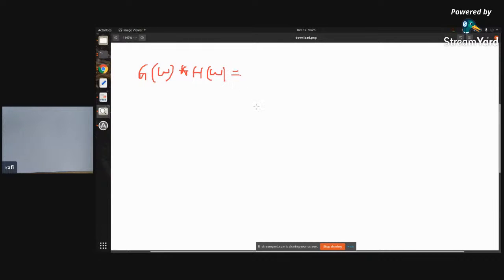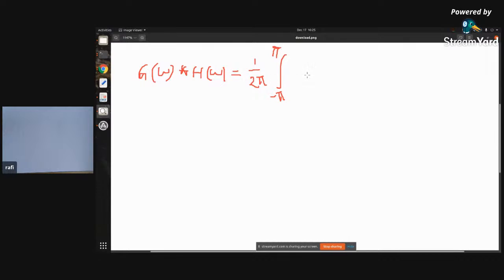So this is nothing but 1 by 2 pi integral over minus pi to pi. The convolution should be in this range, in this frequency only.